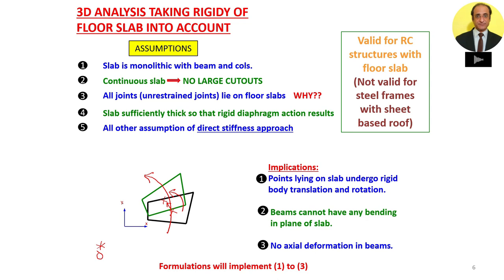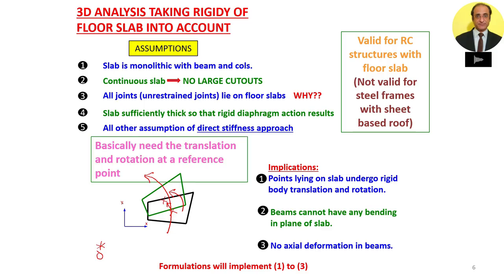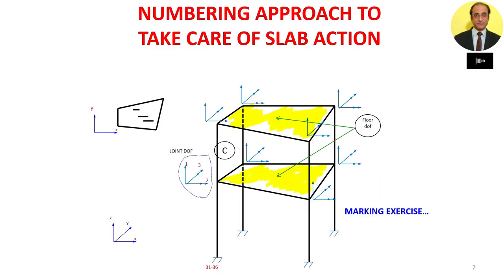So we will now derive the formulations so as to implement these points. As we have already noted, we generally consider the translation and rotation at our reference point. So now our numbering scheme will be a bit different. Typically what we are considering here is that the floor slab undergoes displacement like this. So it undergoes a combination of translation and rotation as shown in this animation.